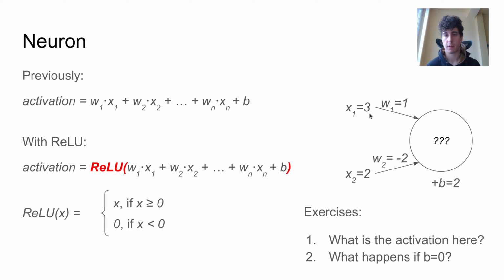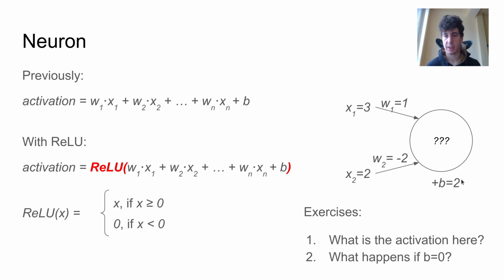So here we have 3 times 1, which is 3. 2 times minus 2 is minus 4, plus 3 is minus 1, and plus b, it is 1. And if we do ReLU of 1, it's still 1. Activation is 1.